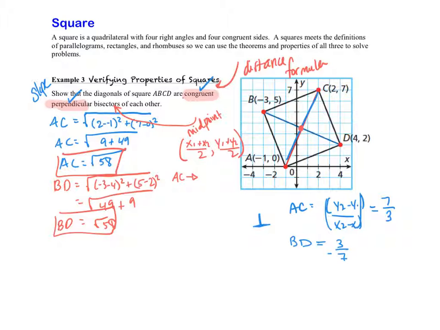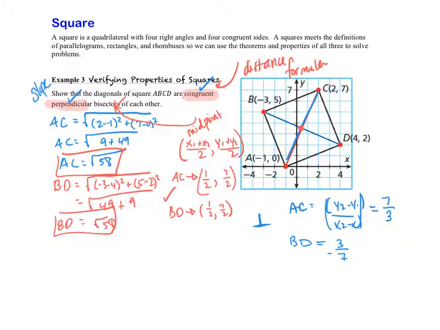AC's midpoint, what we would do, the x's added together, negative 1 plus 2, which is 1 over 2, comma, and then add the y, 7 plus 0 divided by 2. Now let's do the same for BD. The midpoint of BD, we do negative 3 plus 4, which is 1 divided by 2, and 5 plus 2 is 7 divided by 2. So these are the same.